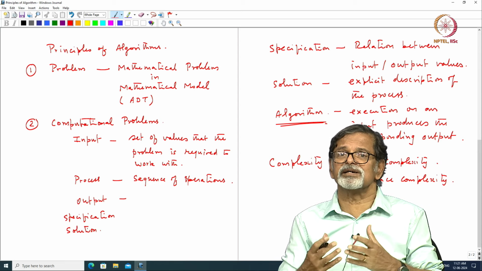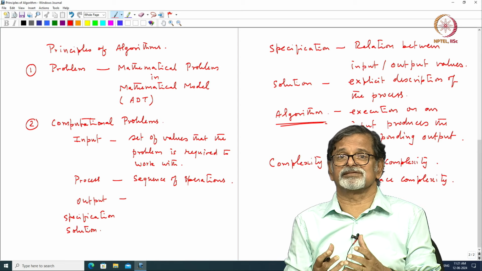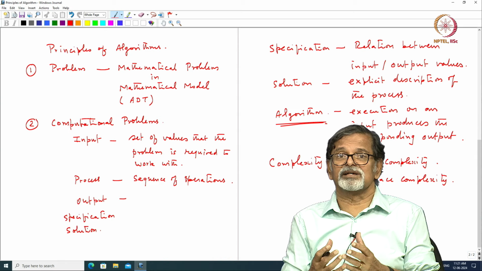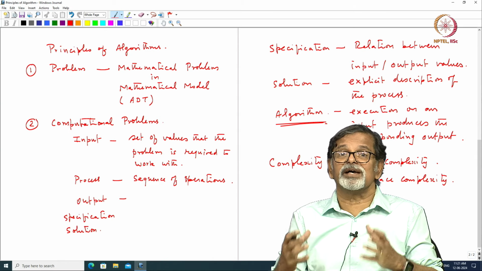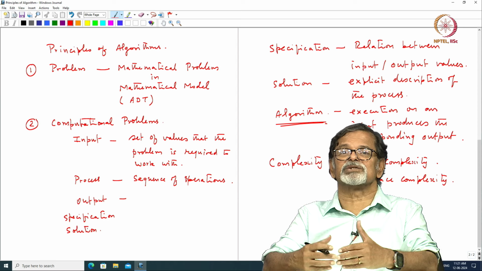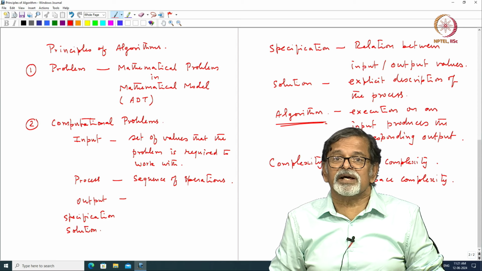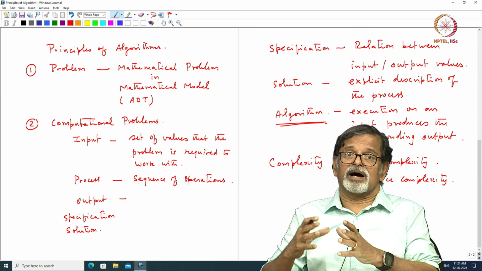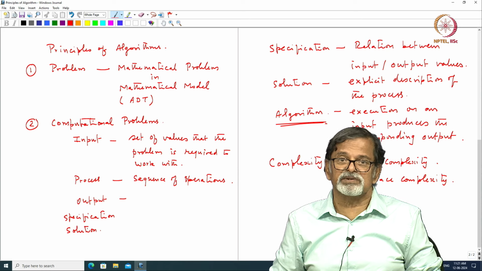How do we compare that? So, we need a measure. That means we require a complexity measure, and that leads us to take a look at other important principles.